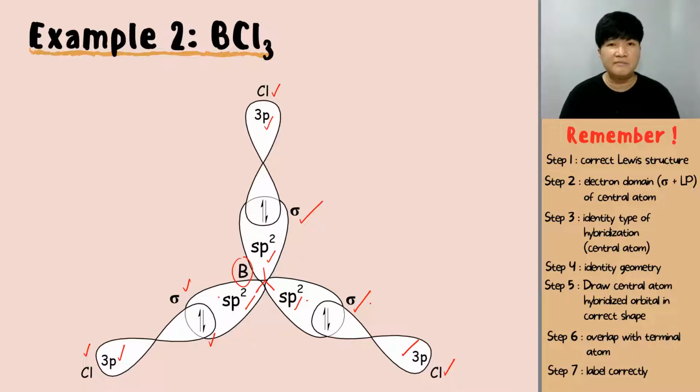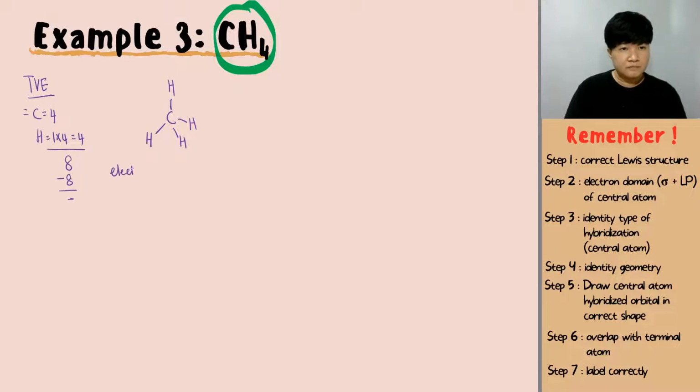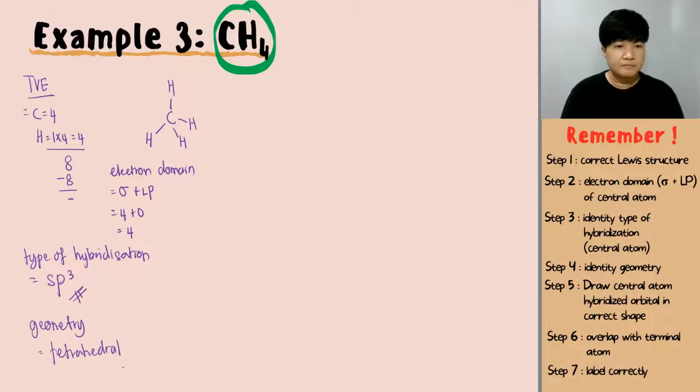Easy. Alright. Next example, CH4. Let's start off with the Lewis structure and all the way to the geometry of the hybridized orbital. So, we are done all the way from your Lewis structure to your electron domain.